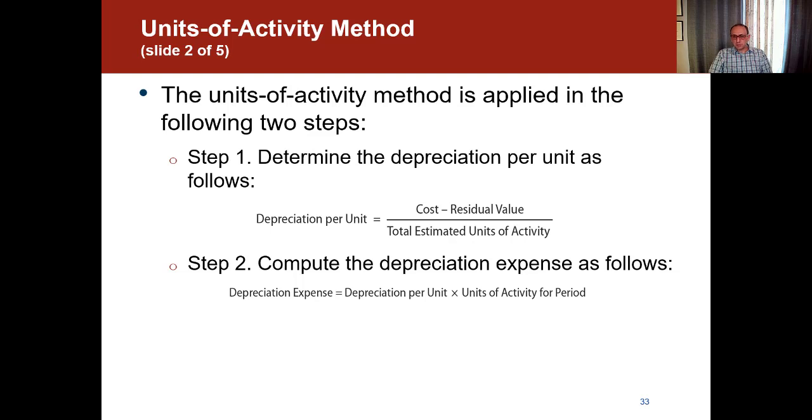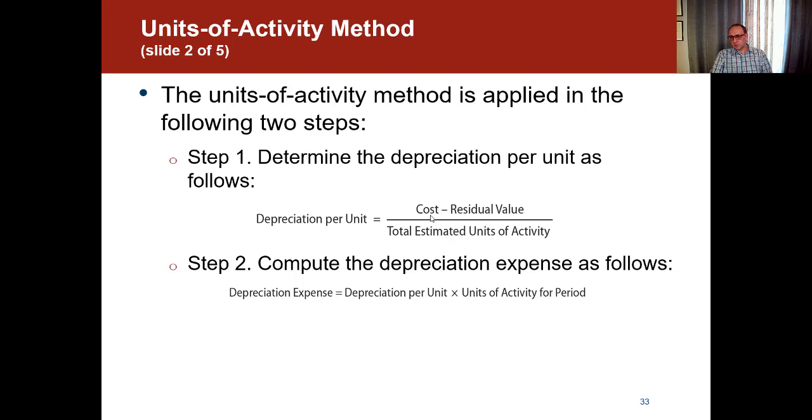It's actually a two-step process. Again, very logical, very similar to straight line. The only thing, instead of dividing by the useful life of the asset, we divide by the estimated units of activity. So here we have the first step. We determine the depreciation per unit as follows. We try to get the depreciation rate. So we get the cost minus the residual value.